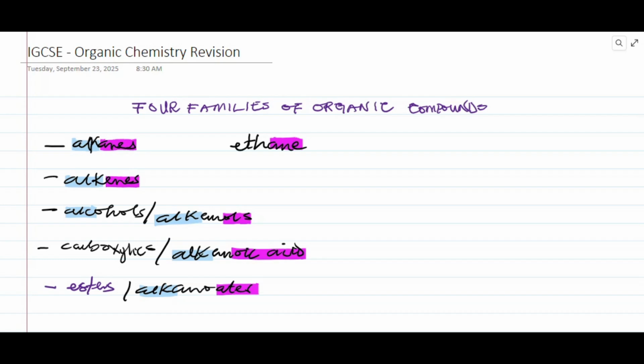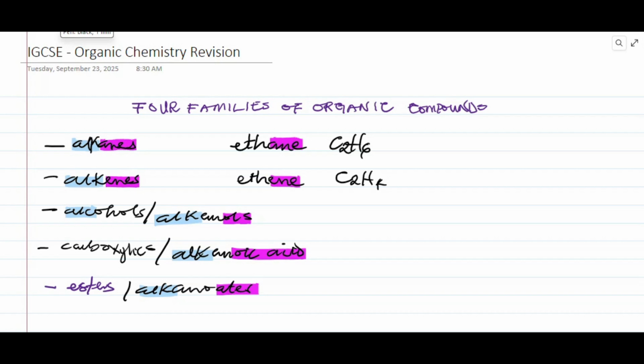And if you have a compound whose name is ethene, you will know there's a difference between ethane and ethene. Ethane belongs to the alkane family, ethene belongs to the alkene family. In fact, if you write their molecular formulas, they will be different. For ethane, it's C2H6, and for ethene, the molecular formula is C2H4. We'll look at the molecular formulas as we go.